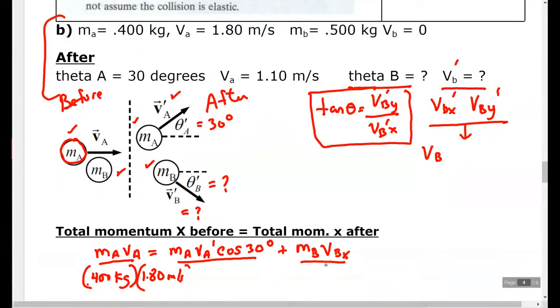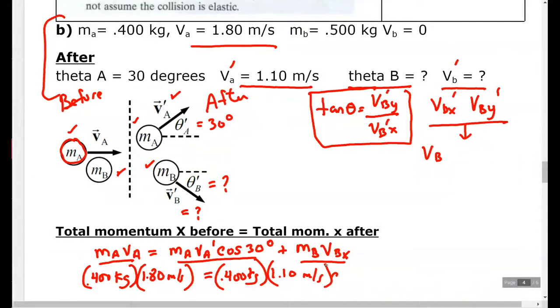This is 100% horizontal in the beginning. Then it's MA again, still 0.400 kg, nothing changes there, but it has a new velocity. This is the prime, the after. So it got slower, no surprise really. Meters per second times cosine.